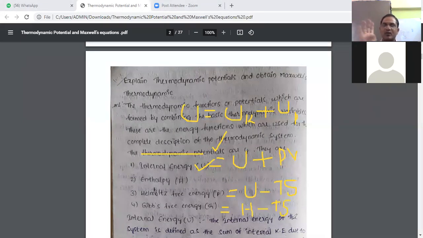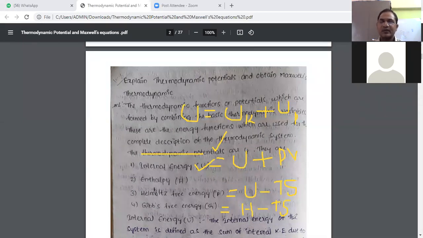So we define four thermodynamic potentials. First, internal energy U equal to UK plus UP. The second thermodynamic potential, enthalpy, is expressed as H is equal to U plus PV.